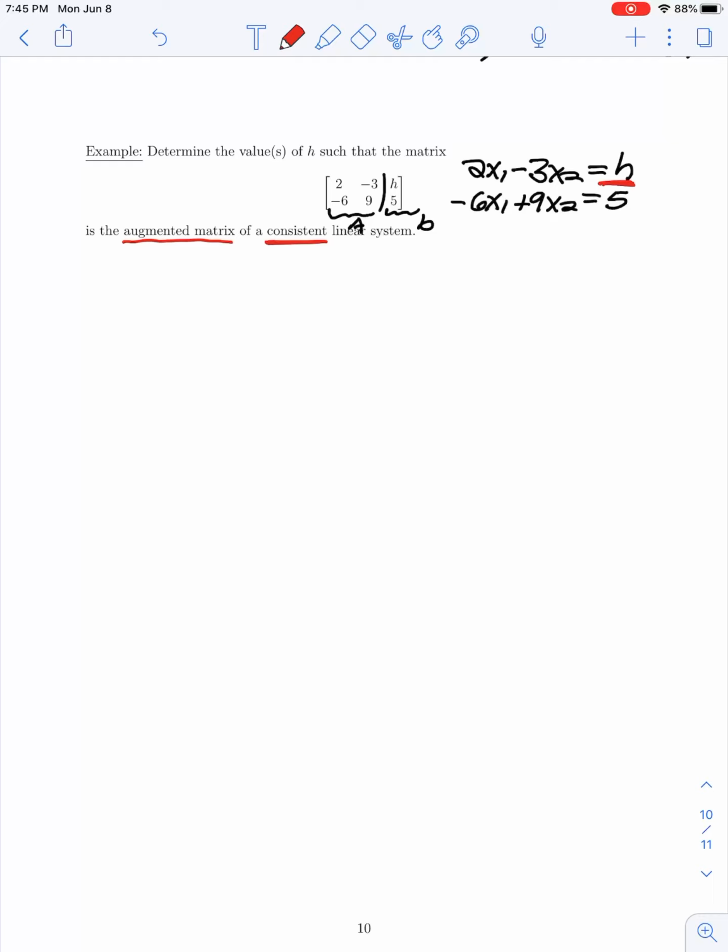So to determine that constant h, well, we can perform Gaussian elimination on this augmented matrix. We had the matrix 2, negative 3, h, and negative 6, 9, 5.